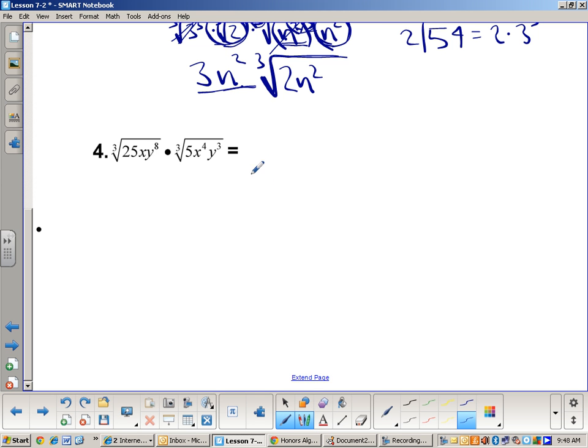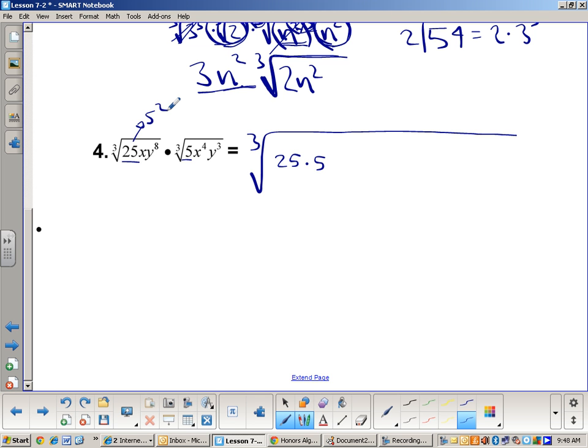Sometimes I like to just write it all as 1 and start putting things together like 25 and 5. I can call it 125, or I could call it 25 is really 5 squared, right? So I could call it 5 squared times 5, or even 5 cubed.